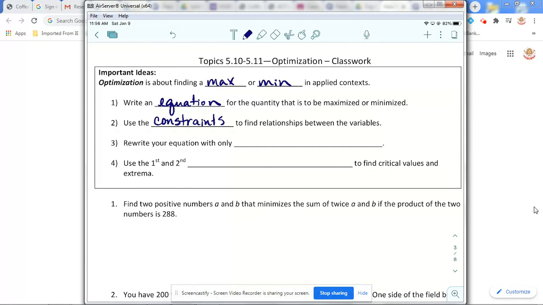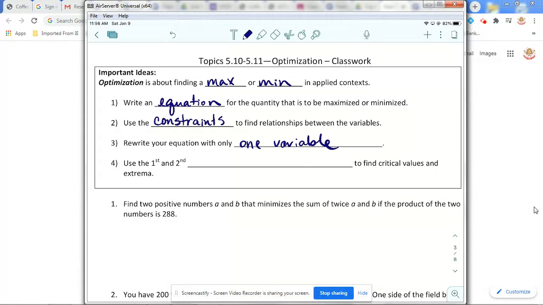Sometimes your equation will already only have 1 variable, but in a lot of these you have to get down from maybe 3 variables. So that's why you use the constraints. And then step 3, you're going to rewrite your equation with only 1 variable. Now, I do know there are some where you're given the equation that you need to maximize, so you can kind of skip down to number 4.